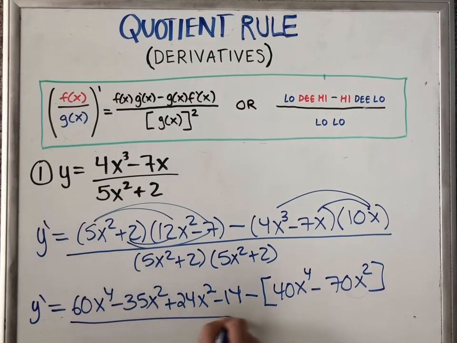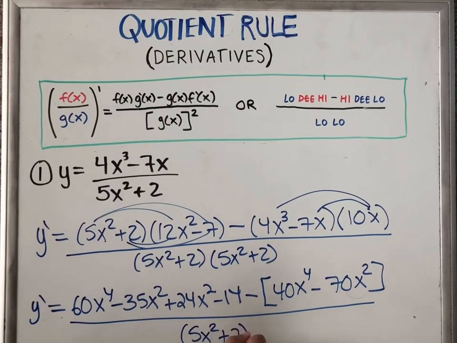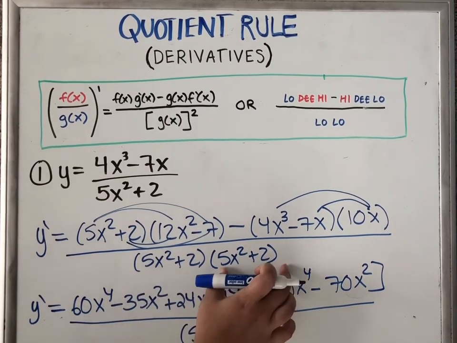Right, and that's going to be all over, of course, 5x squared plus 2 squared. It's because we're multiplying this function by itself.